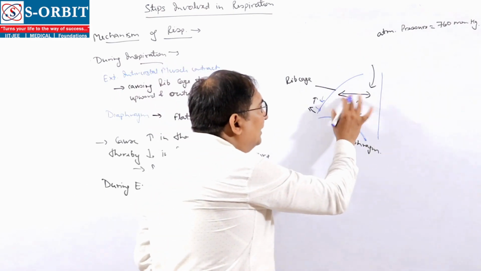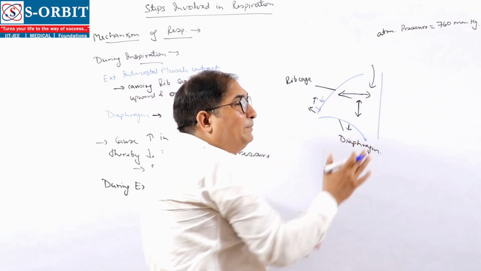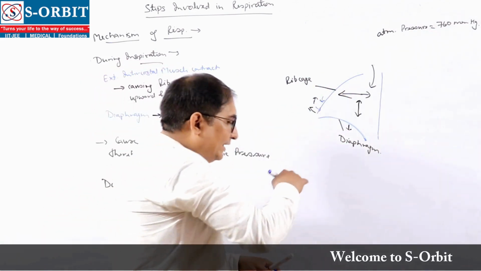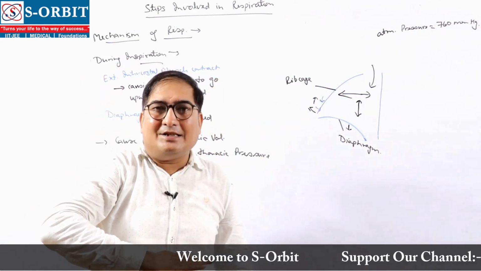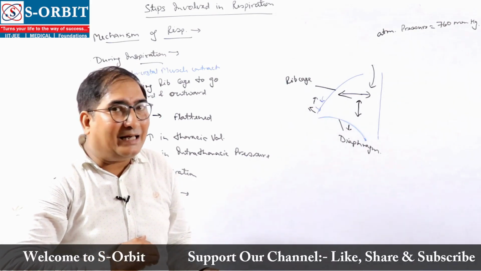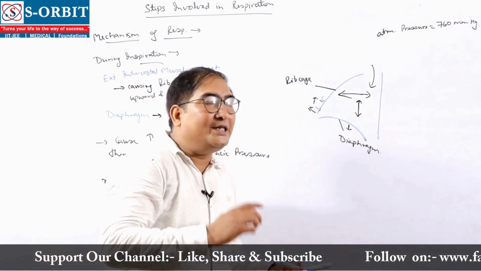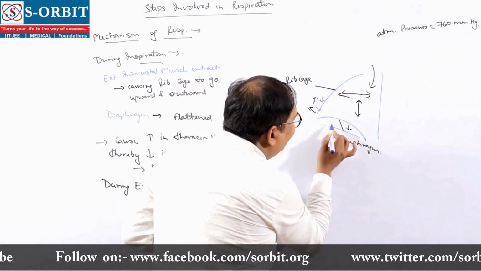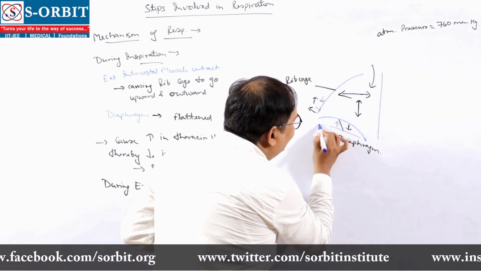So the thoracic volume decreases in the dorsoventral axis, while the diaphragm from the flattened state comes back to its original dome-shaped state, and it becomes like this.